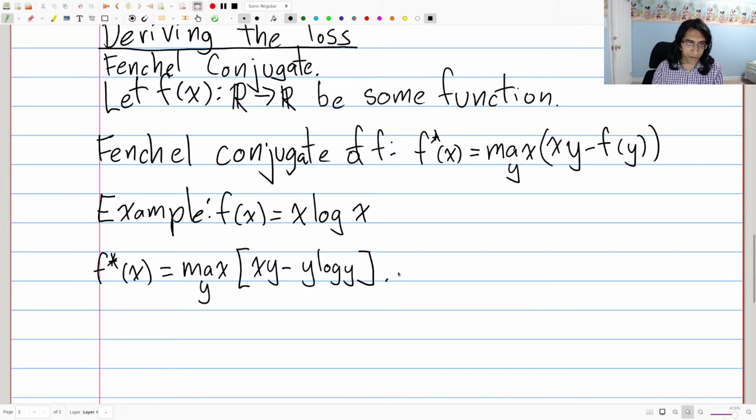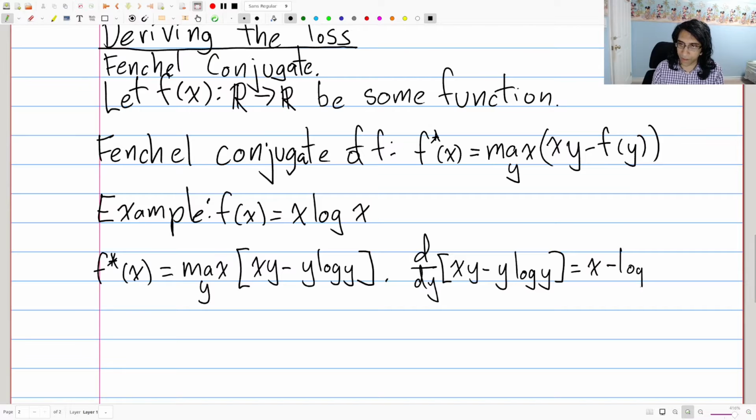So what we're going to do is the usual thing when we want to solve a maximization problem. We're going to take the derivative and set it equal to 0. So d by dy of xy minus y log y is equal to x minus log y minus 1, and we're going to set it equal to 0.